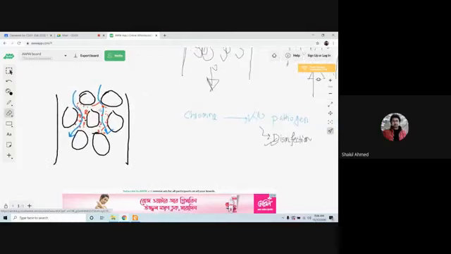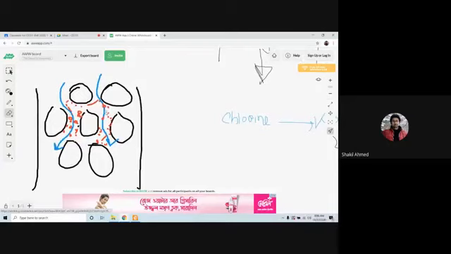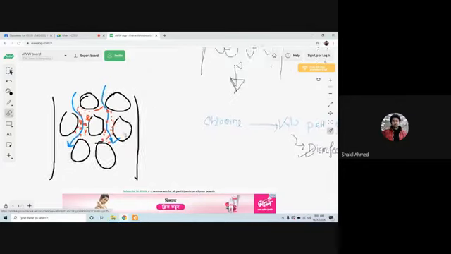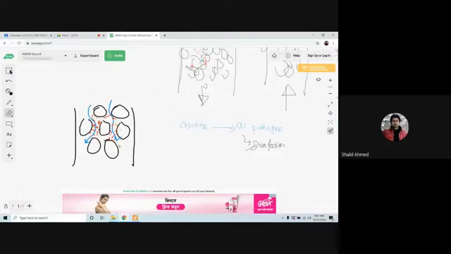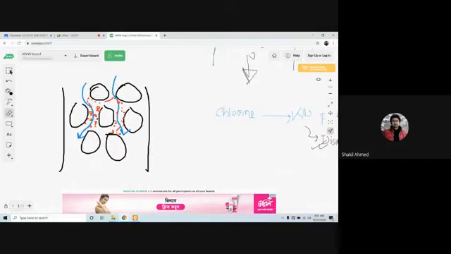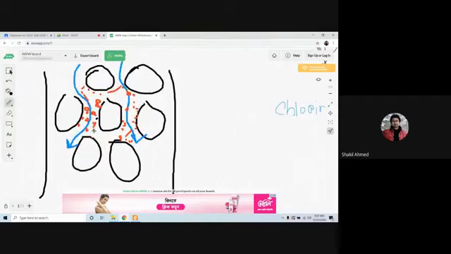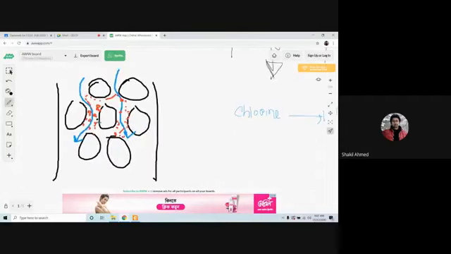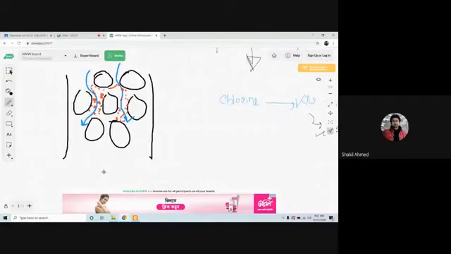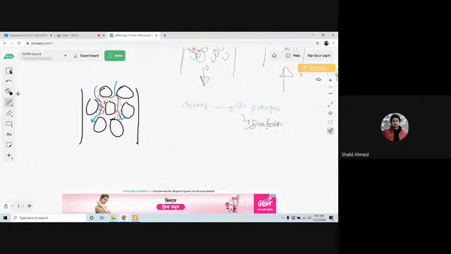Okay, now what I was talking about is another way of maintaining the filter media. You have the solid particles deposited here, right? Normally your water is moving from this direction to this direction.